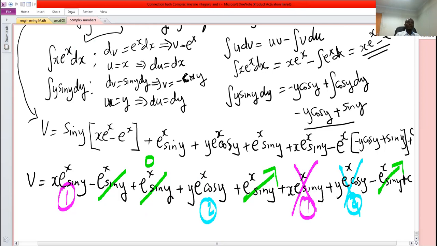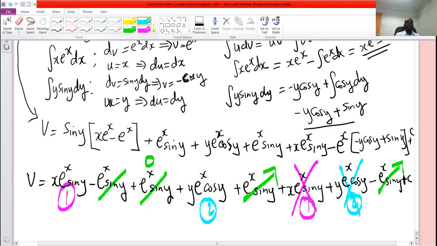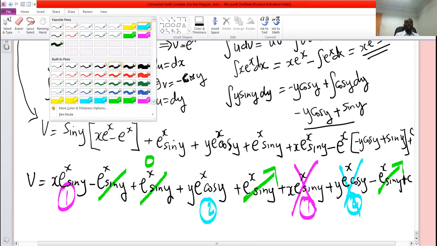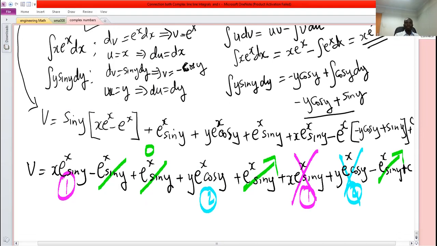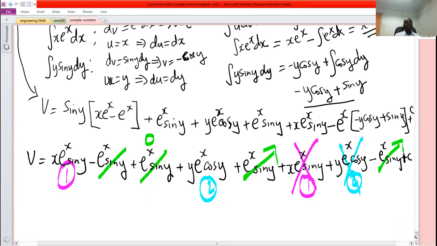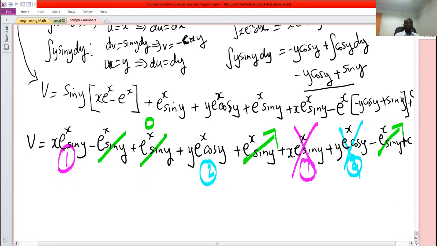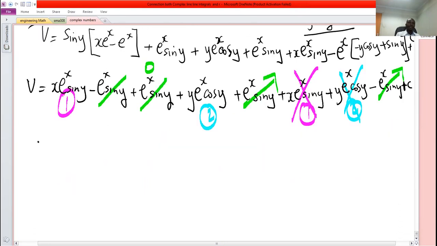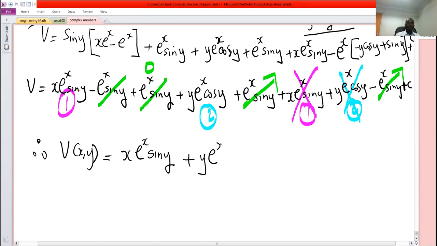So the final answer will be, remember that's usually the procedure of finding the conjugate harmonic. Terms which are alike, you ignore one and pick only one out of the two like terms. So therefore, our v of xy will be given by x e raised to power x sine y plus y e raised to power x cosine of y, then plus c.